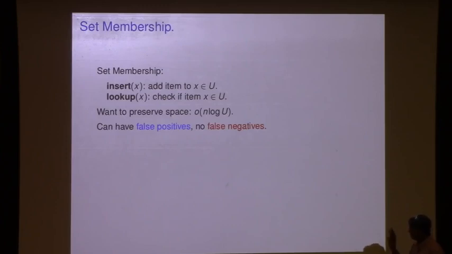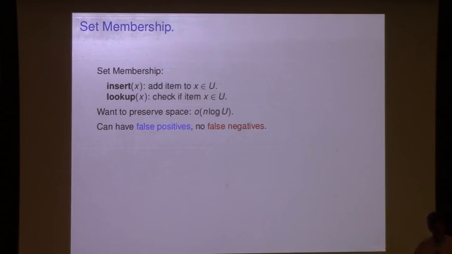What we can say is I'm allowing you to say yes, I have the item, you did insert the item, when you didn't. That's a false positive. Now, a false negative is saying no if you do have the item. I'm not allowing that. You can't say no if the item has been inserted. You can say yes if the item wasn't inserted.